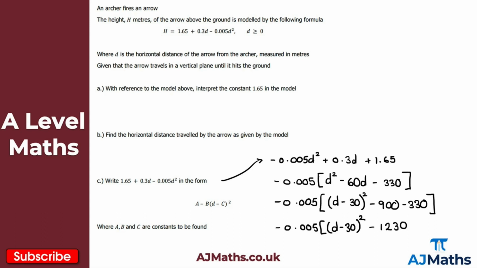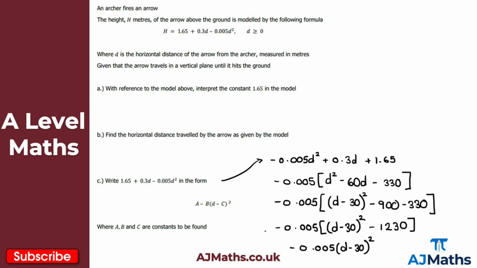And what we need to do now to finish is multiply through again by this minus 0.005. So we're going to get minus 0.005 lots of d minus 30 all squared. And now we need to multiply minus 1,230 by minus 0.005. So minus 1,230 times minus 0.005 gives me 6.15.